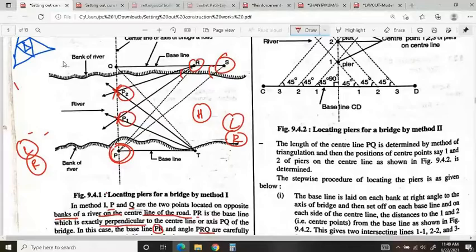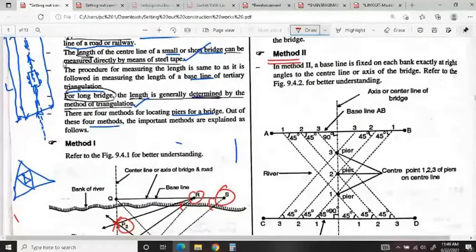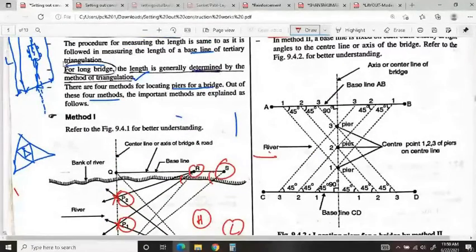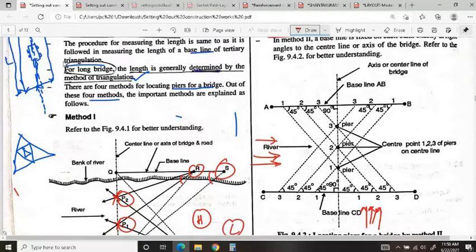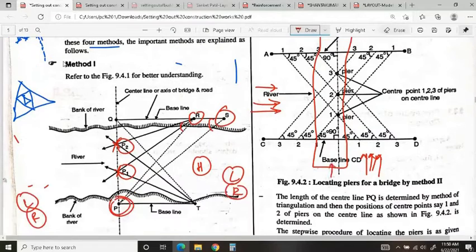In the second method it is similar. Here you can see the river is flowing in this direction, and your vehicle is moving in this direction. This is your center line, and this is your bridge.